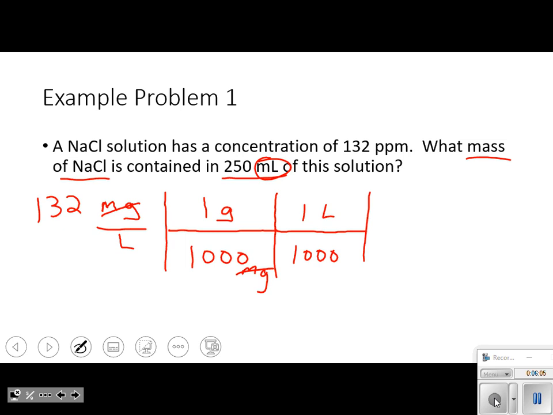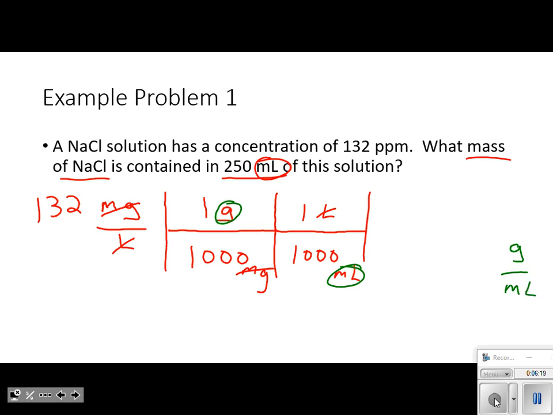And 1 liter is equal to 1,000 milliliters. So now I have converted this into grams per milliliter. And when I do my math, I come up with a value of 1.32 times 10 to the negative 4. So I took my 132 divided by 1,000 divided by 1,000 again.